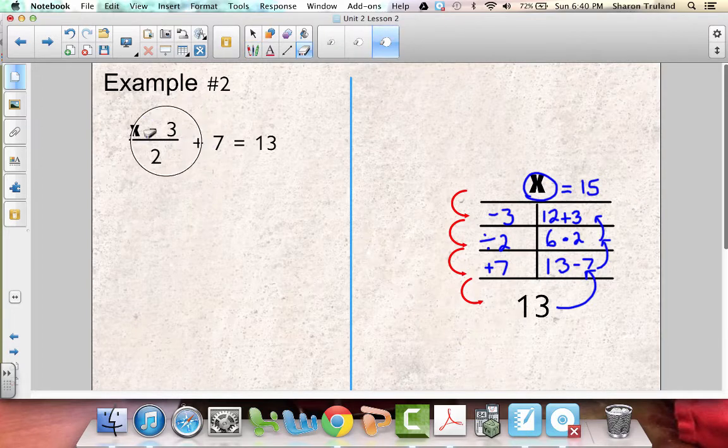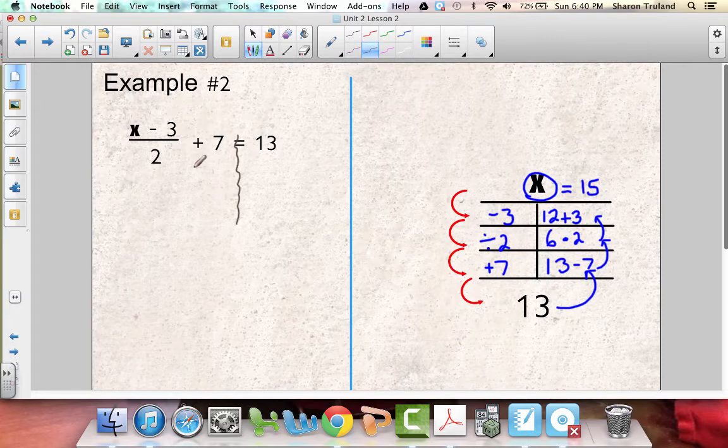All right, so let's do traditional algebra, something you may have done last year with whoever you had as an algebra teacher. They may have told you to do this, and then you start picking your way towards the x. So the first thing would have been to undo the add 7, so subtract 7 from both sides. We're going to undo this division, so we're going to multiply by 2.